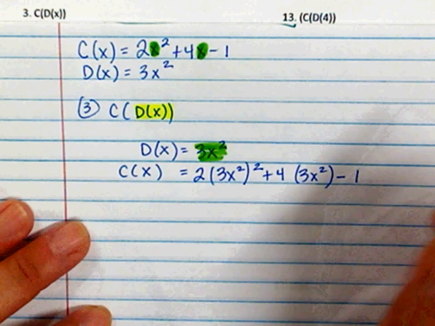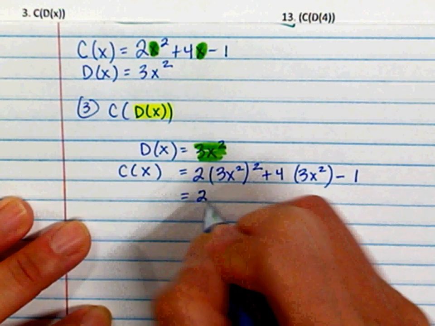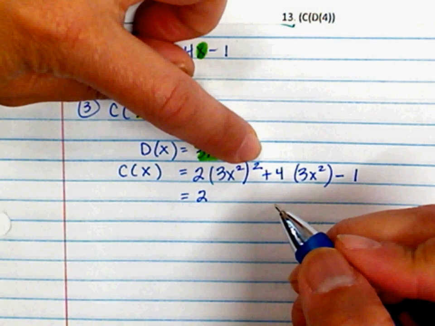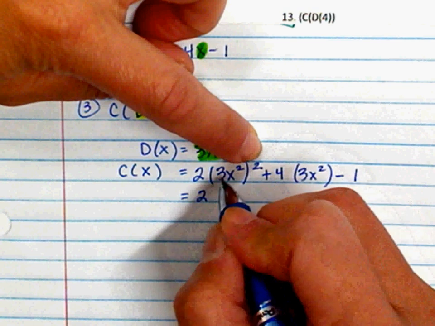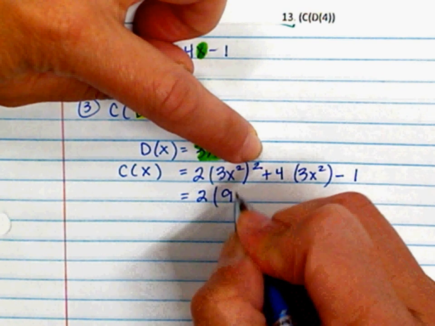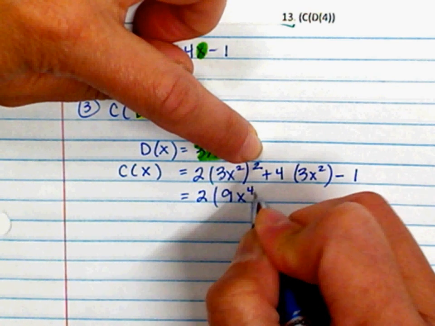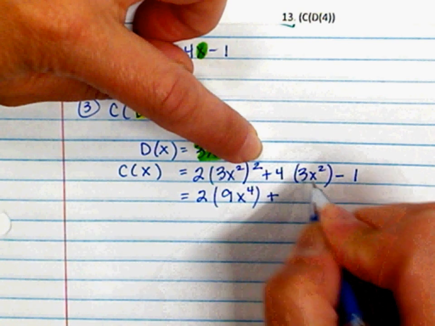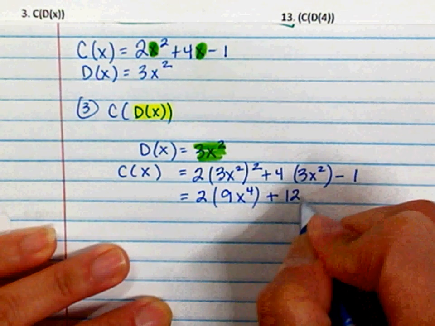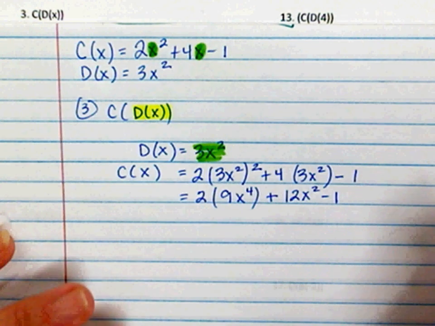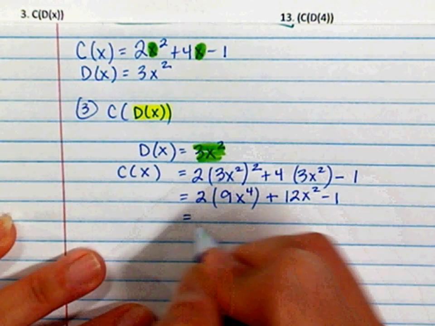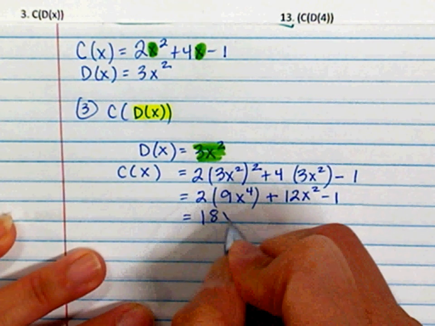Okay? And now I'm going to simplify. Order of operations says exponents first. 3 squared is 9. X squared is x to the 4th. Plus 3 times 4 is 12x squared minus 1. Keep simplifying. 2 times 9 is 18x to the 4th.